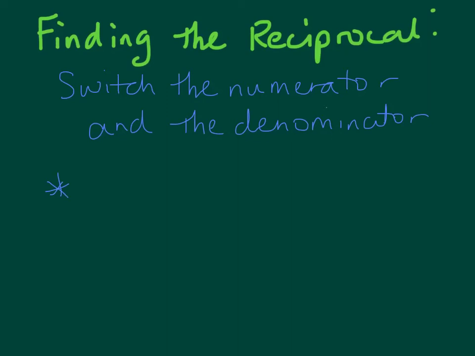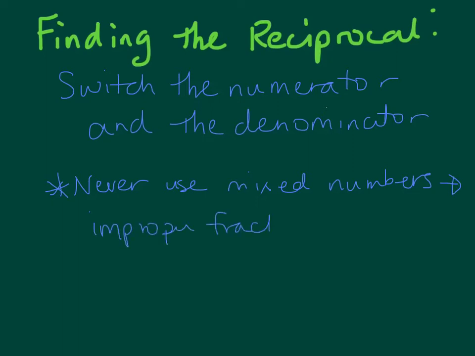We have to remember to never use mixed numbers to try to find a reciprocal. We need to change to improper fractions. So we can only find the reciprocal when we have improper fractions.